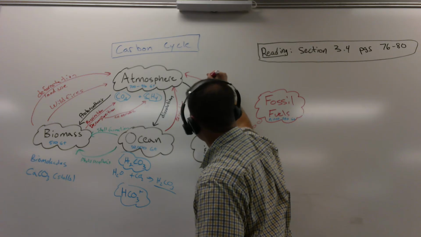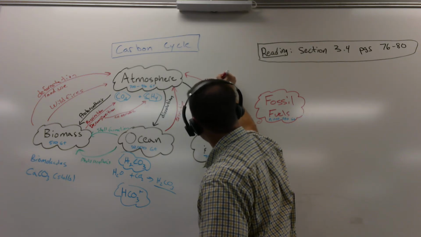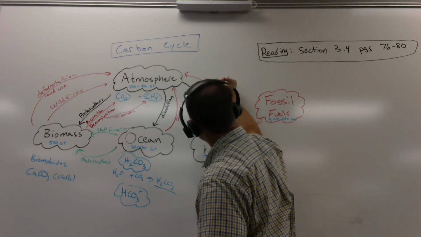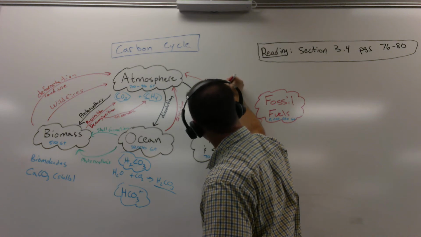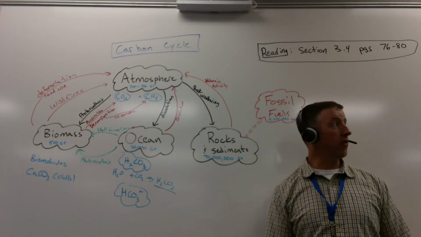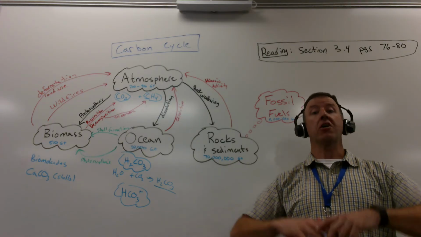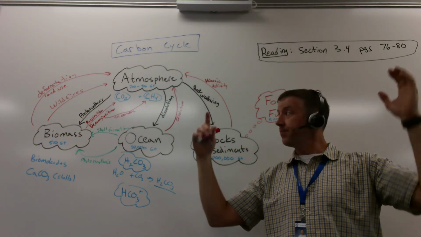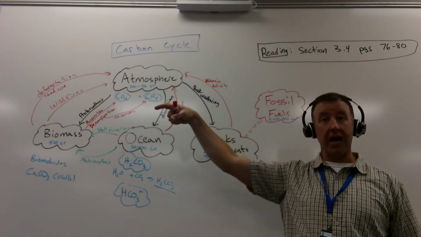So I'm going to label this volcanic activity. The intense heat applied to carbon-containing rocks releases a lot of that carbon, which puts carbon dioxide back into the atmosphere again.